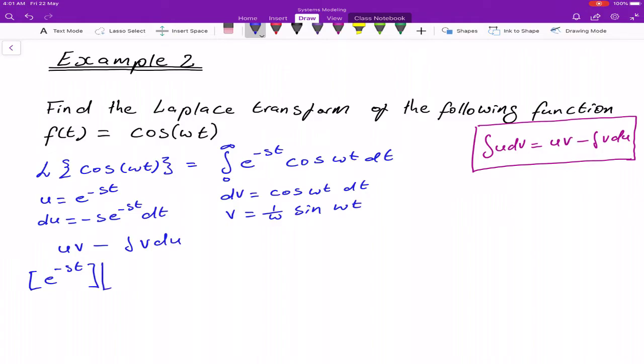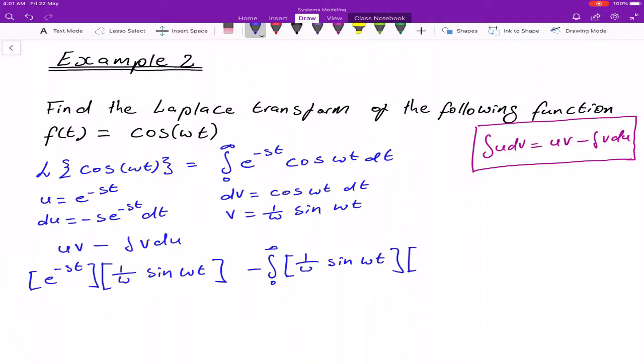And v was 1 over omega sine omega t, and minus the integral 0 to infinity, v, we have v as 1 over omega sine omega t, times du.